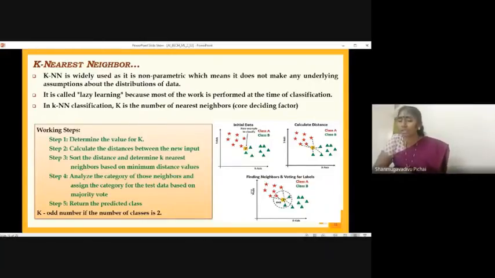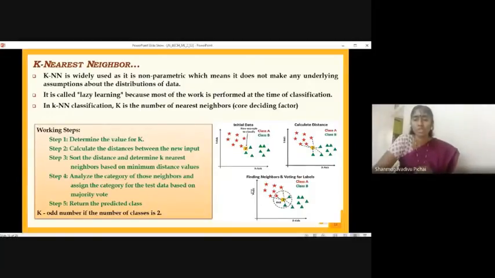Then it has to calculate the distance of this particular data point in question, for instance using Euclidean distance. Then it must be able to decide to which side this point has to be placed. That is done by means of finding the distance. Then it finds the neighbors and votes for the label, and accordingly this point will be decided as belonging to red color or green color.